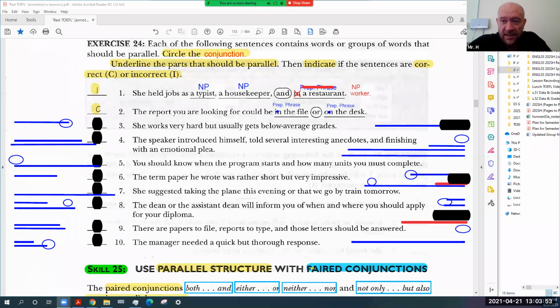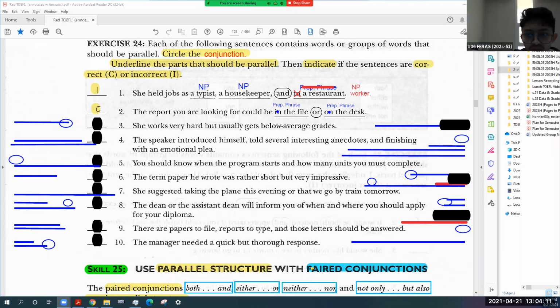Ten, 9, 8, 7, 6, 5, 4, 3, 2, 1. Finished. Come on, 2 more people. Finish. Submit. I can't see the polls.